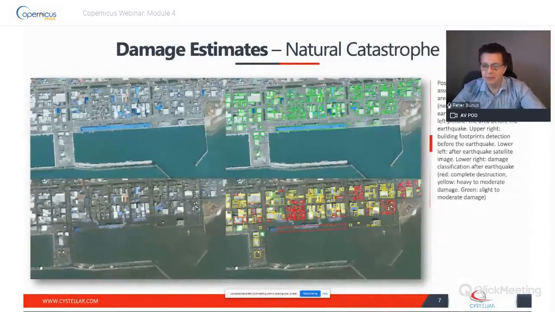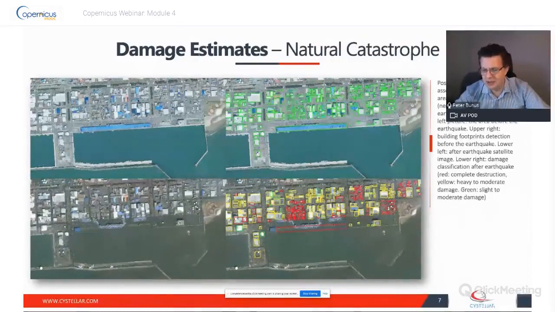With yellow, we have marked all those buildings that have suffered moderate damage, and with green, all the buildings that have suffered just slight damage. And this is done by the computer in a totally automatic way. So the AI system is trained to recognize different damage levels over the buildings.